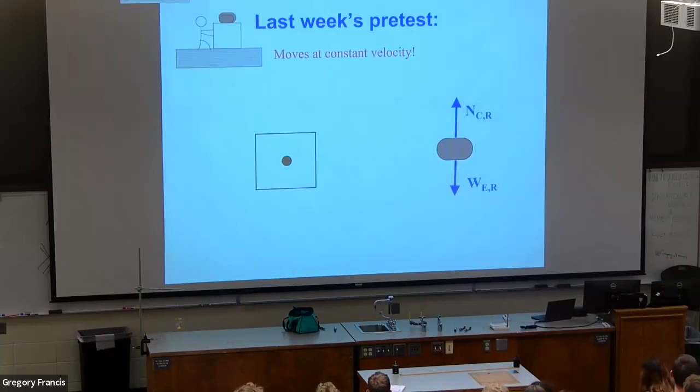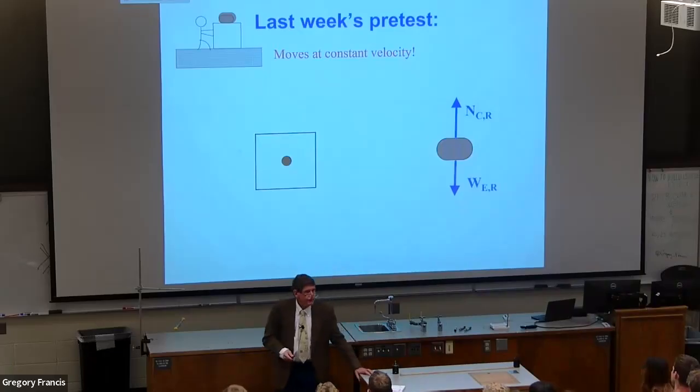That means if I put a friction force on there, it's got to point to the right or to the left, or it could be zero. Well, if I put a friction force to the right, that diagram's not going to scream constant velocity. If I put the friction force to the left, it's not going to scream constant velocity. The only option is zero friction.